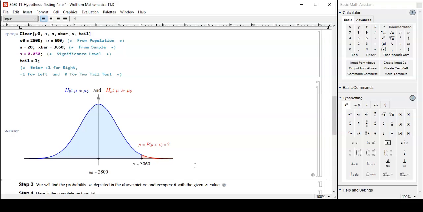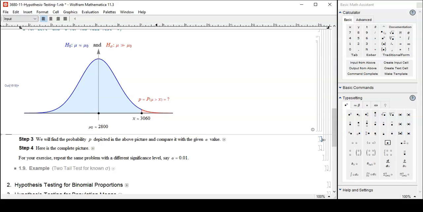Now, the question is, what do I do after finding the p-value? P is greater than alpha, then what? P is less than alpha, then what? What do you mean by p greater than alpha? What do you mean by p less than alpha? You see, that's a little bit hard. Nonetheless, let's pursue it.